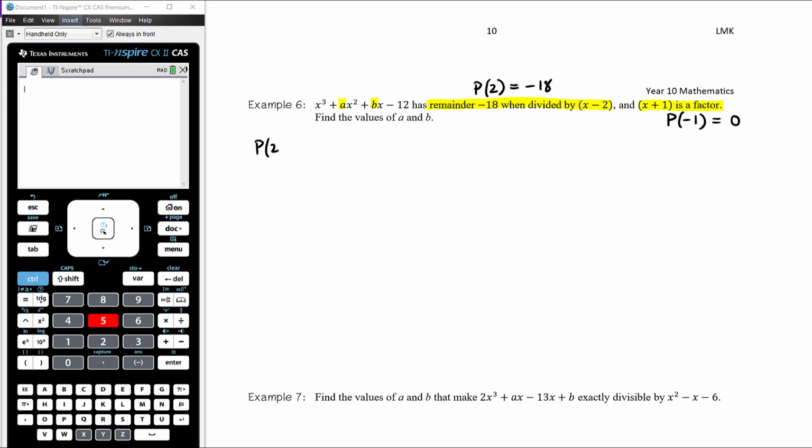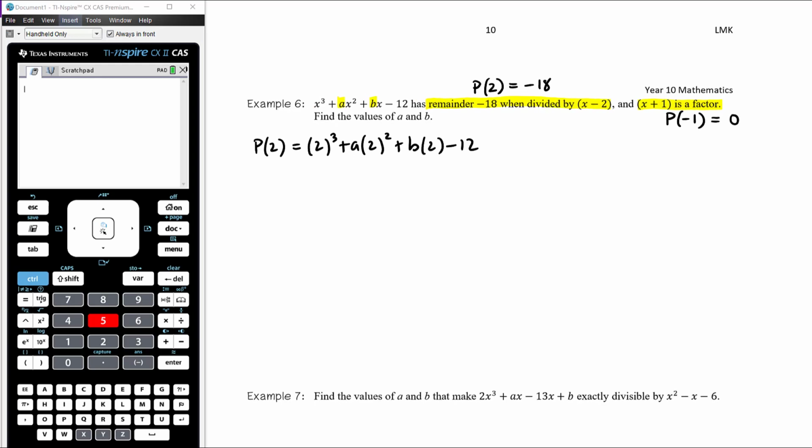Alright, so p of 2 is equal to 2 cubed plus a times 2 squared plus b times 2 minus 12. You might like to write a bit small here. We're going to have a bit of working, I think. And we know that that's going to equal negative 18. So let's just tidy this equation up a bit. So we're going to have 8 plus 4a plus 2b minus 12 equals negative 18.